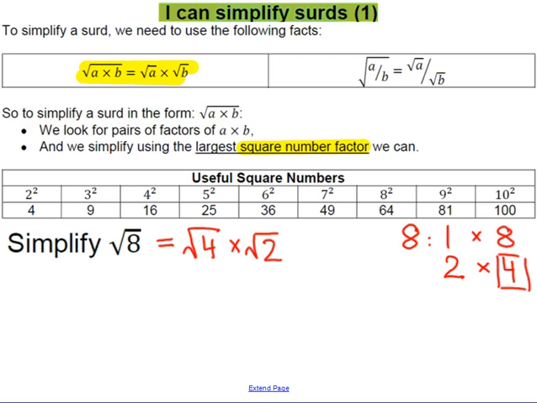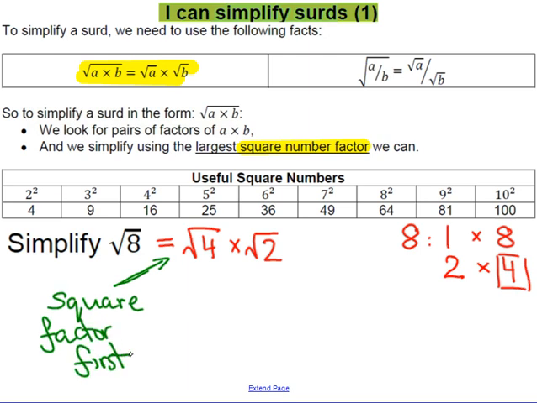Okay, so I'm writing my square first. I'm going to put a wee note to say that. So we want to write the square factor first. That'll just help us later.